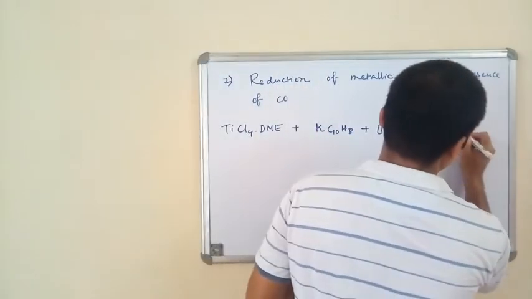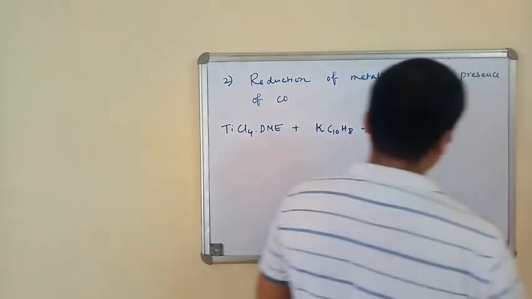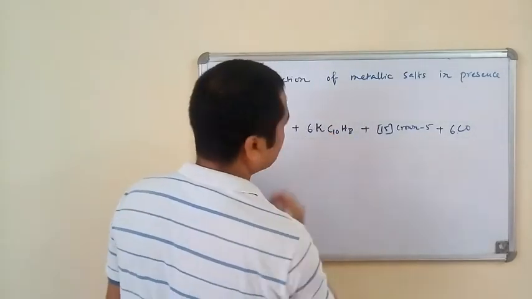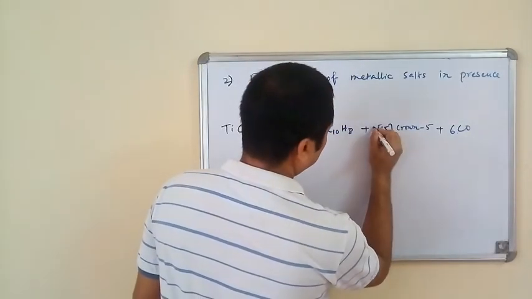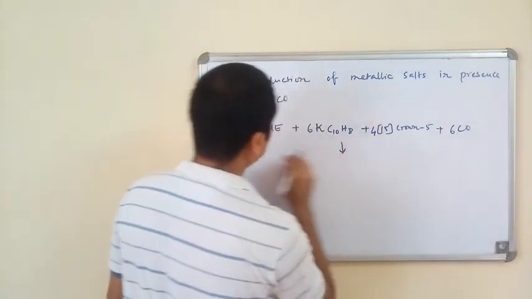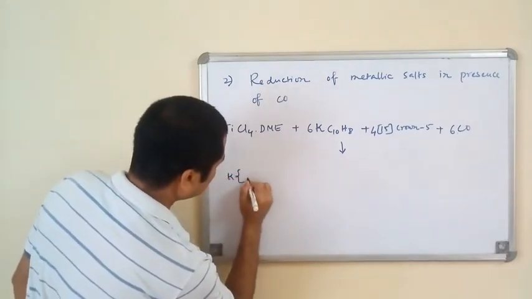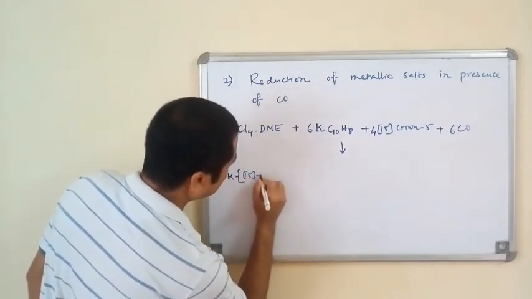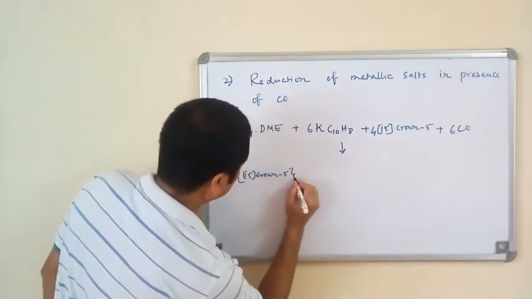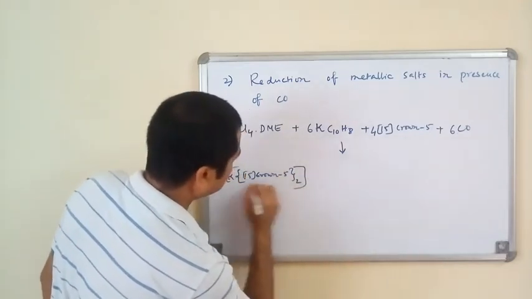And in presence of carbon monoxide, so you add carbon monoxide also to this reaction, that is 6 equivalents of carbon monoxide, and 4 equivalents of the 15-crown-5, with 1 equivalent of TiCl4 will give you these potassium crown complexes.